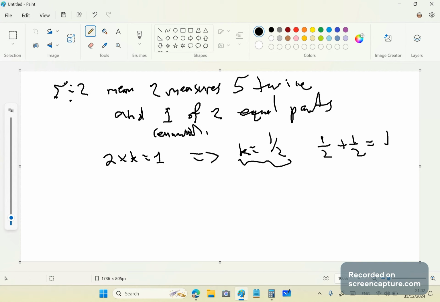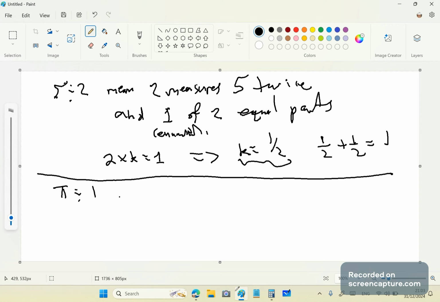Right. So now he comes along and says pi divided by 1 means 1 measures pi thrice, okay, 3 times, thrice, and he doesn't enumerate that. He says that the enumerator is pi minus 3, but it can't be pi minus 3 equal parts.